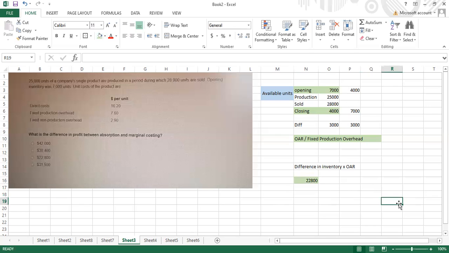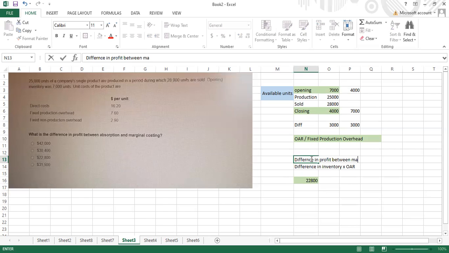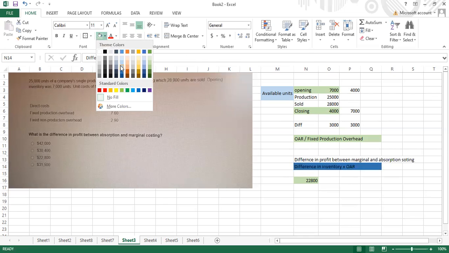Very simple. Again, I'm saying, if you see this question, there is an 80 or 90% chance that this question will appear in the exam. It will ask you to just calculate the difference in profit between absorption and marginal costing. So if you want to calculate the difference in profit between marginal and absorption costing, this is the formula that you are supposed to apply.